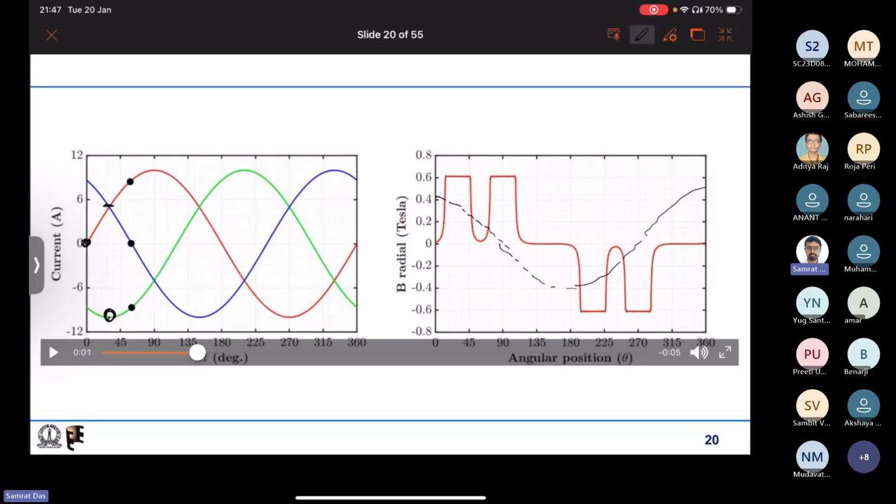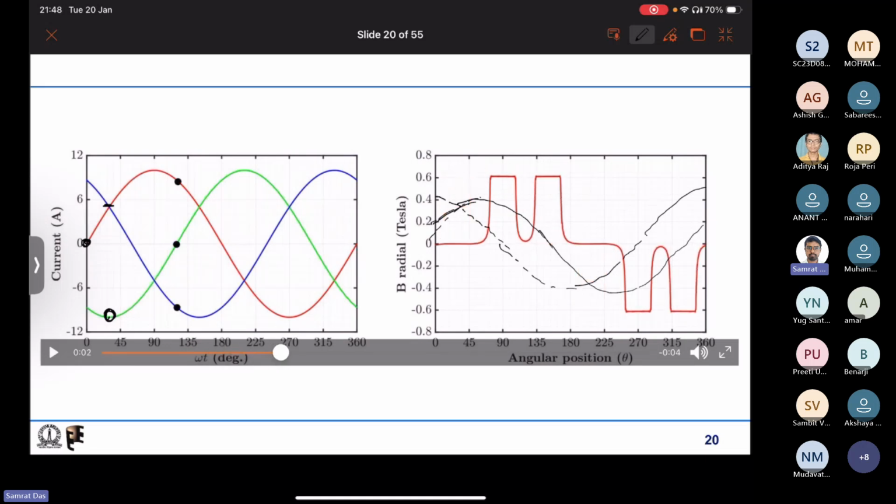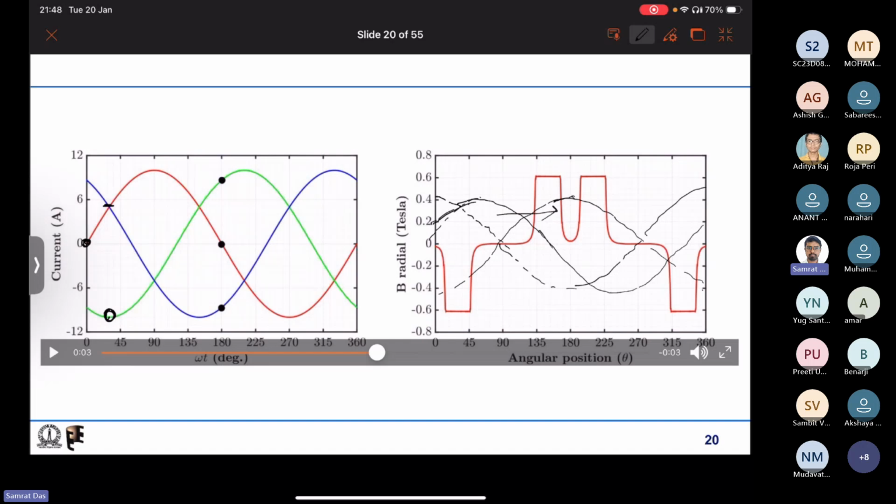So if I go ahead, then you can see that the same sinusoid that I was trying to draw, if I try to draw it now, the sinusoid has shifted. And if I go further ahead, you can see that the sinusoid has further moved.